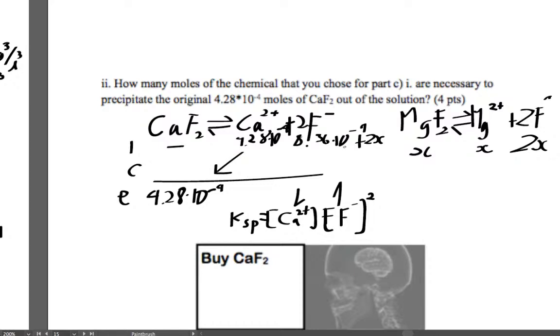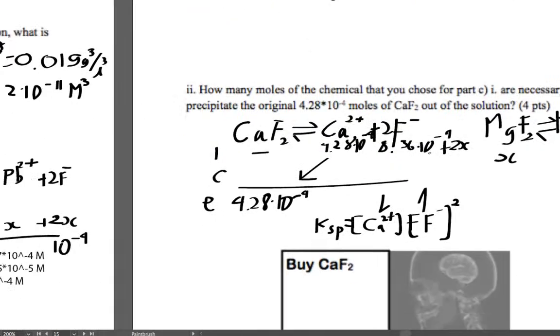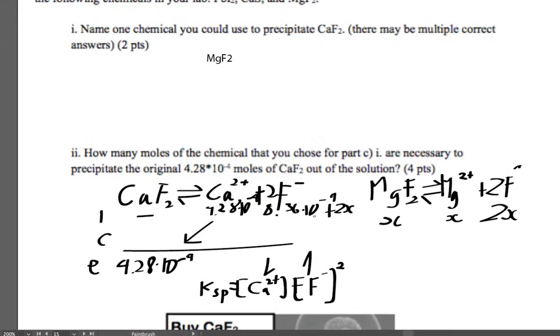So we started from that 4.28 times 10 to the power negative 4. I don't think we'll have enough calcium to do this. But if we use calcium sulfite, could we do that?